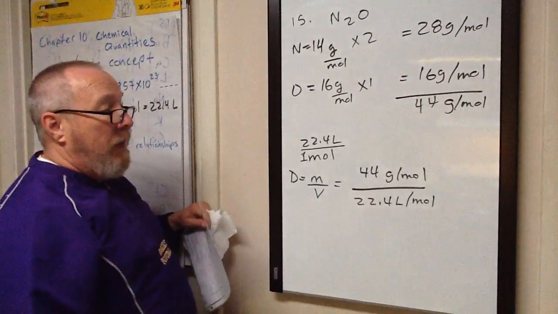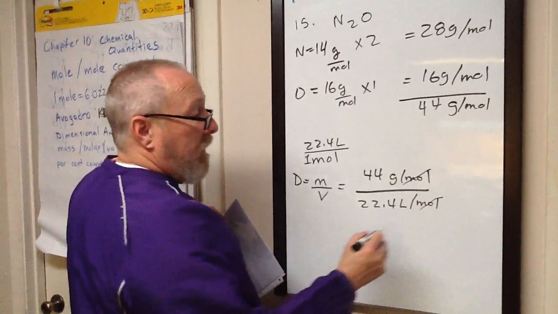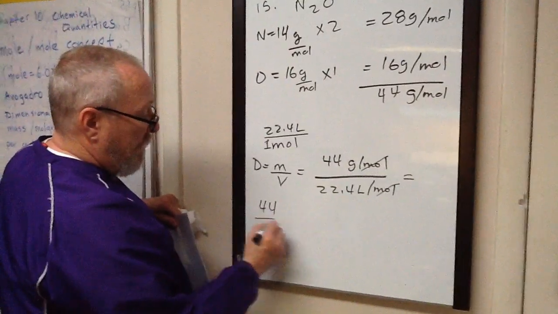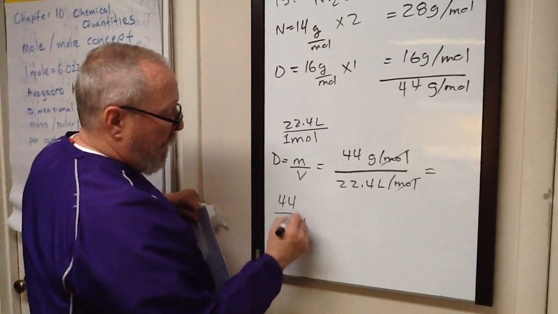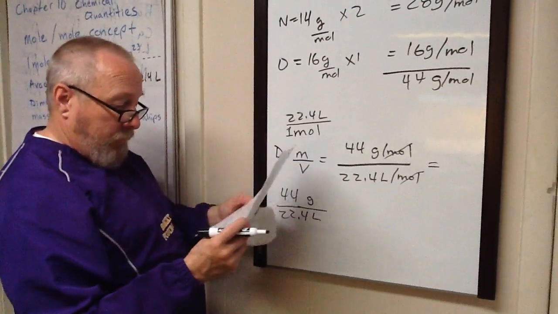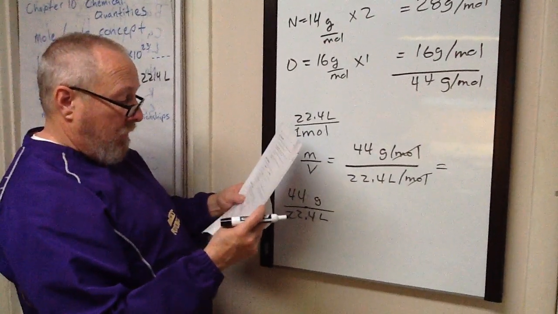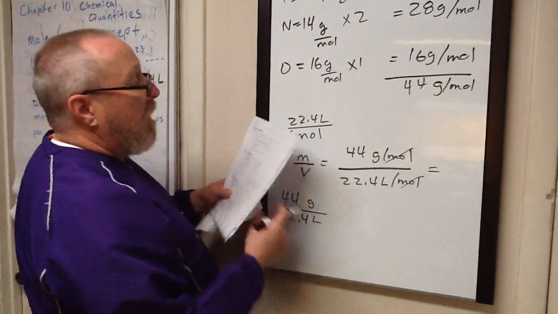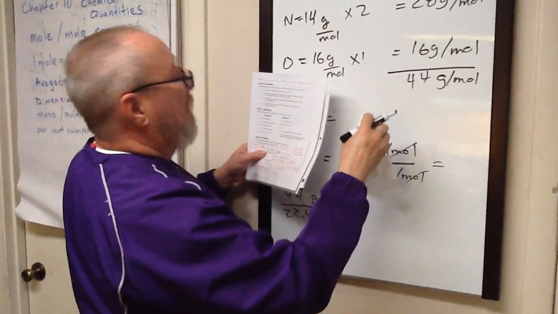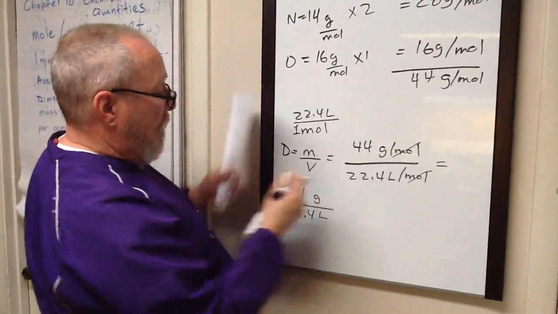The moles cancel, and what I'm going to end up with is grams per liter: 44 grams divided by 22.4 liters. When you calculate that out, I did the math wrong here, or did I? No, I did it right.